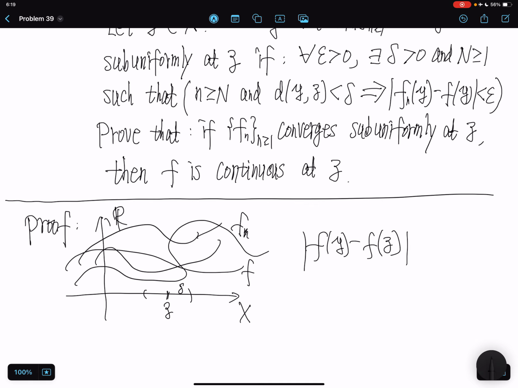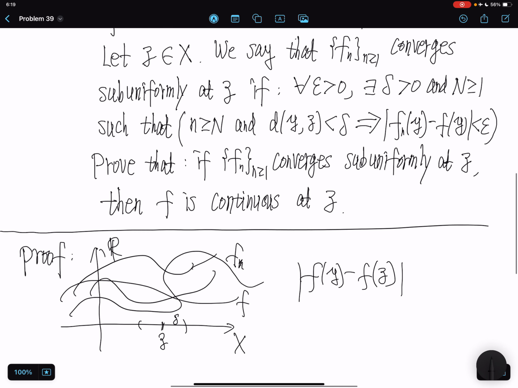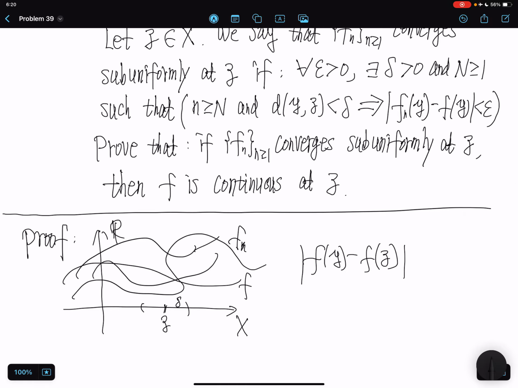From the definition of converges subuniformly, it involves the sequence f sub n.